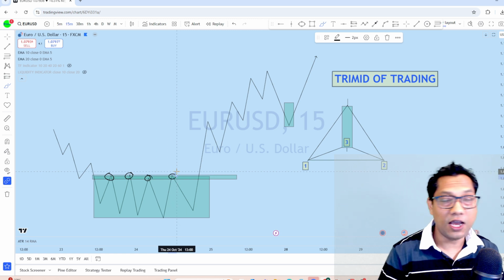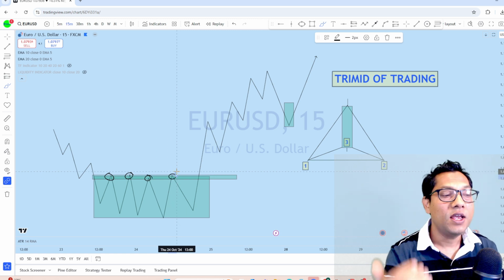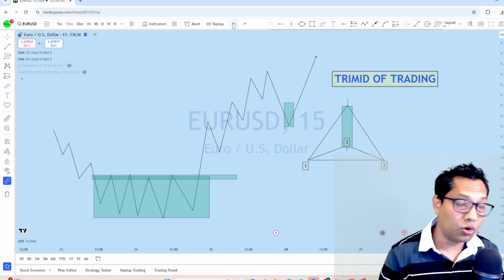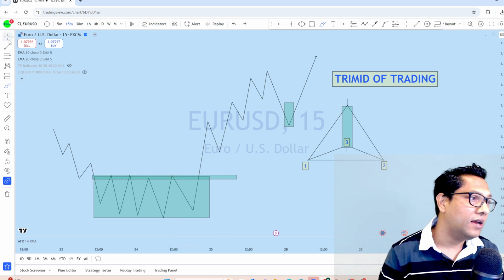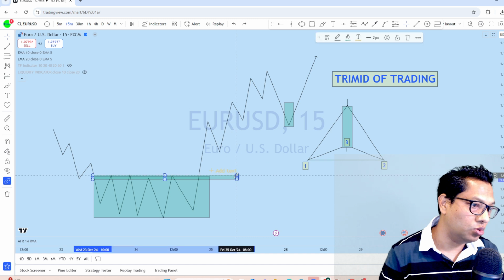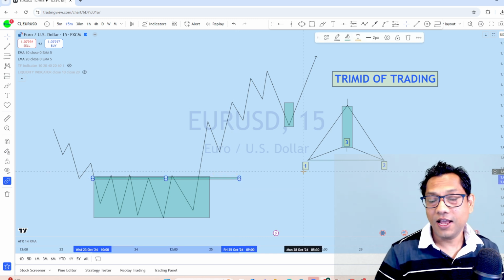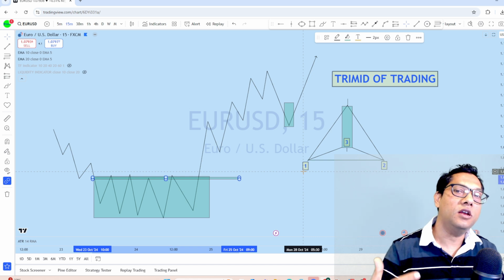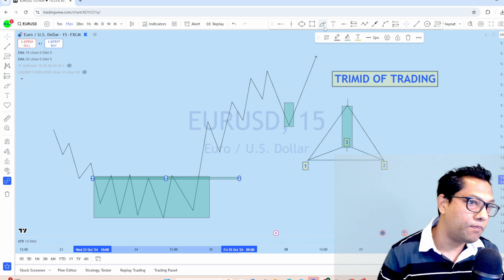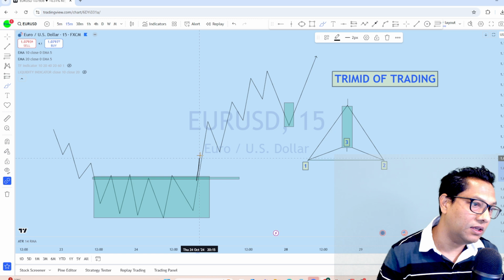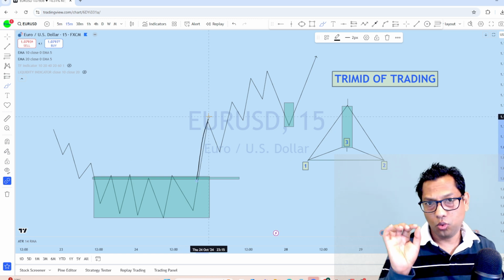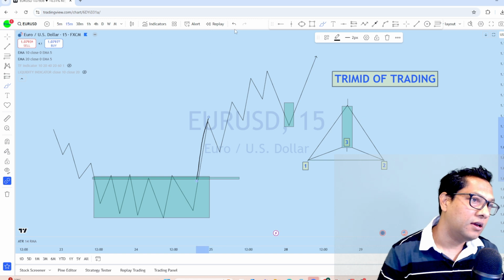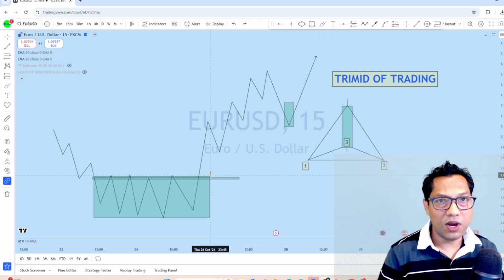Multiple times the price tested that level and rejected, turning that level into a very important supply area where sellers are interested in selling. Then the time comes when smart money starts to come into the market, and at some point we can see that this level is broken with stronger momentum. That supply area now turns into a demand area.